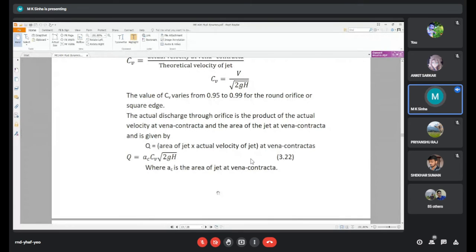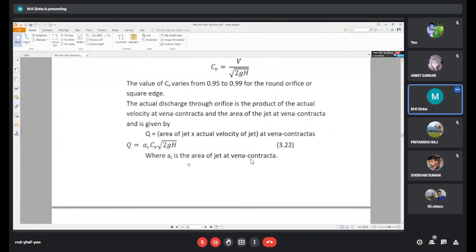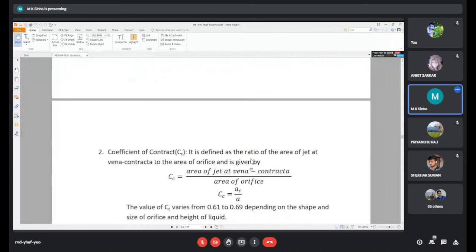The actual discharge through the orifice is the product of the actual velocity at the vena contracta and the area of the jet at the vena contracta. So Q equals Ac Cv root under 2gh, and Ac is the area of the jet at the vena contracta.